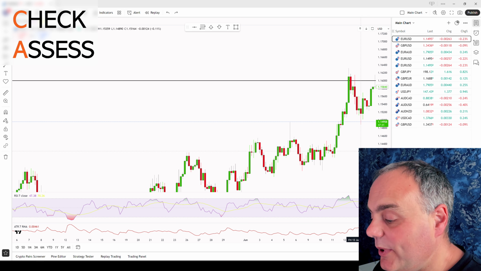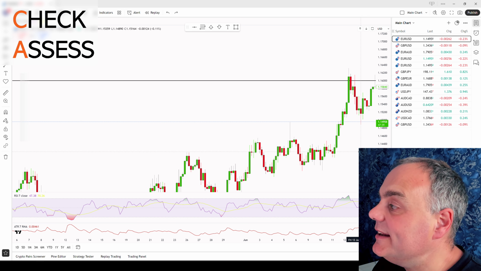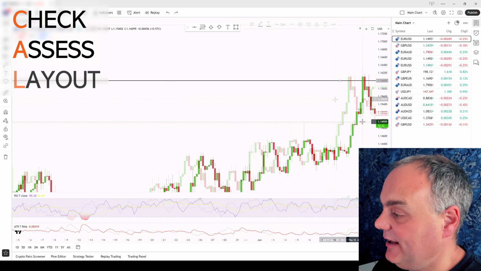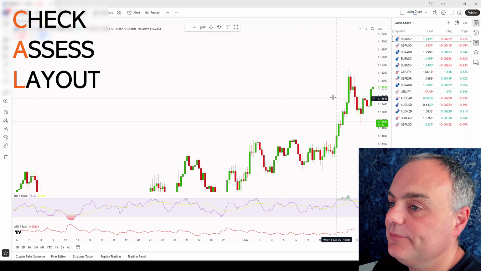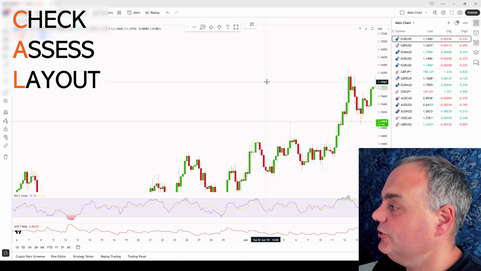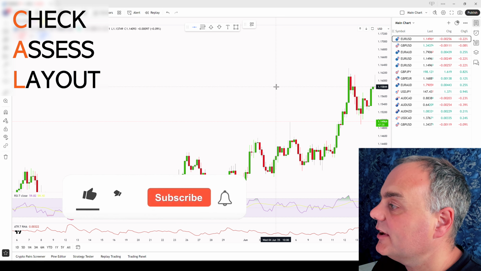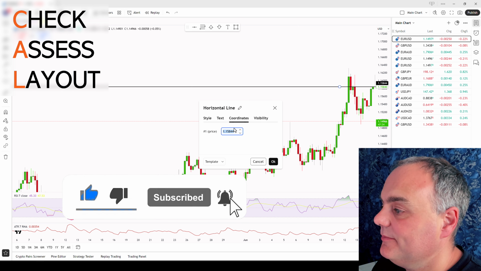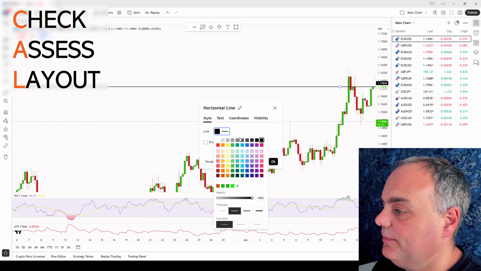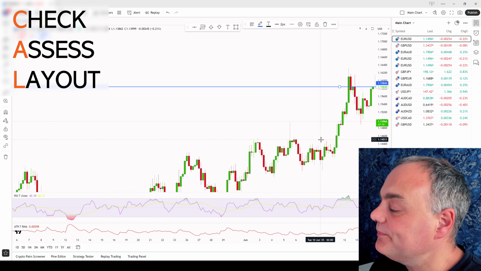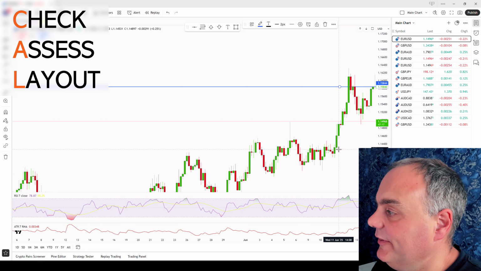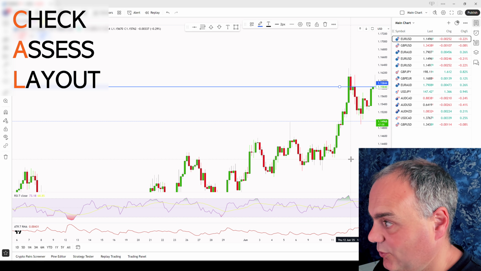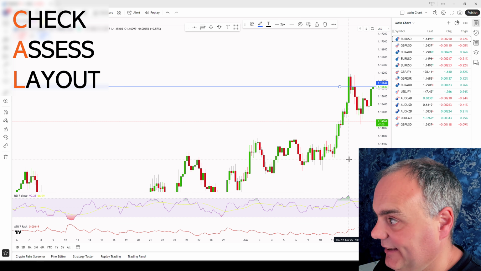Okay, now that we know we have one, we lay out the particulars of the trade. Okay, let's just take that line off for now, to save confusion, again simplifying it, so that would be our entry on the close of that candle there. Let's make it blue for the entry. Okay, so we're going to enter a short position there. So the stop in this case is going to be an ATR above the highest point of this double top, which is the first candle here.